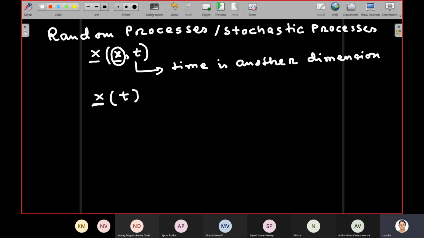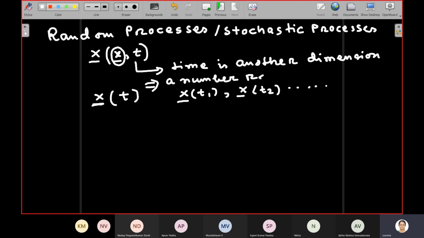So we have a collection of n stochastic random processes, and therefore if we sample it, we get n-dimensional random vectors. If we sample at t1, we get one vector. If we sample at t2, we get another vector and so on. So by sampling a random process, we get a number of random vectors.